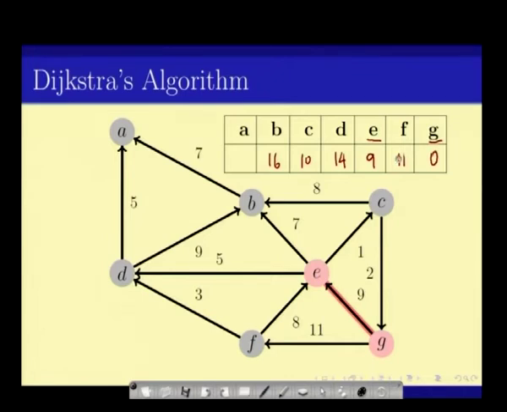Similarly for C. Then we take the minimum of B, C, D and F, or rather whichever have not been marked red, and we find that C is the smallest.